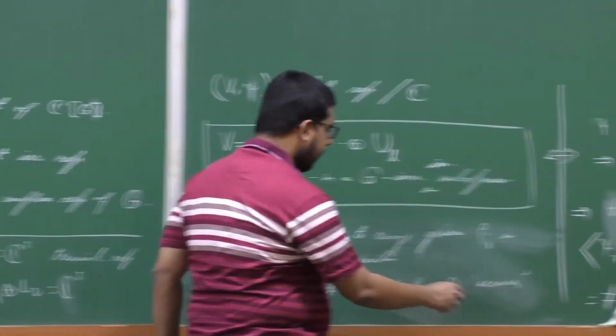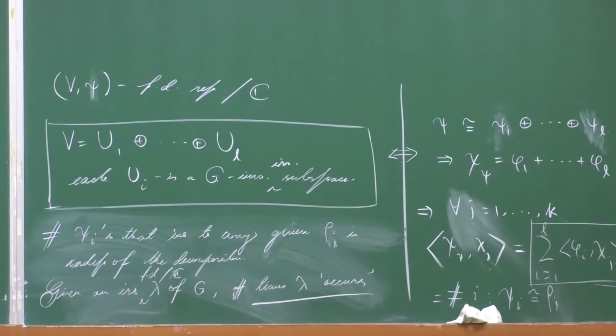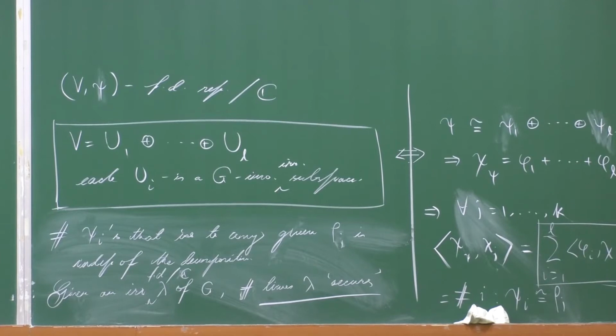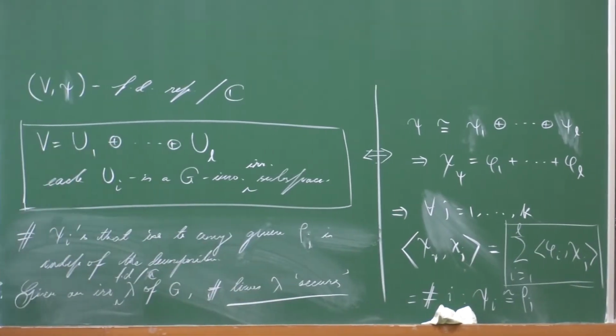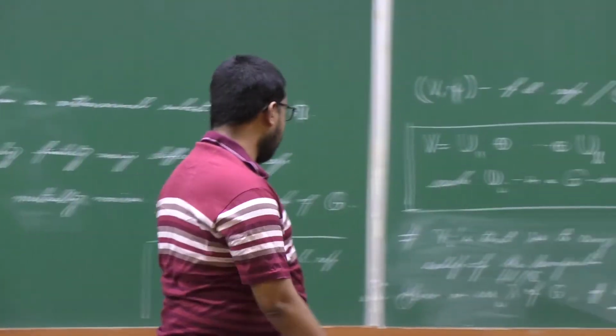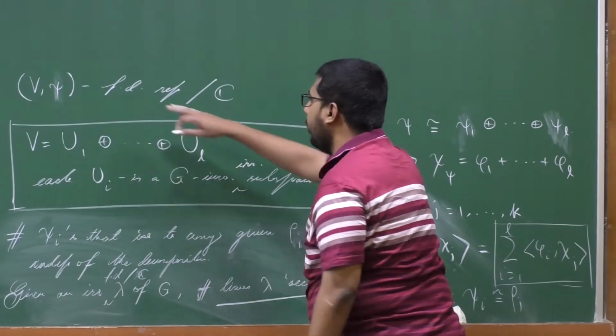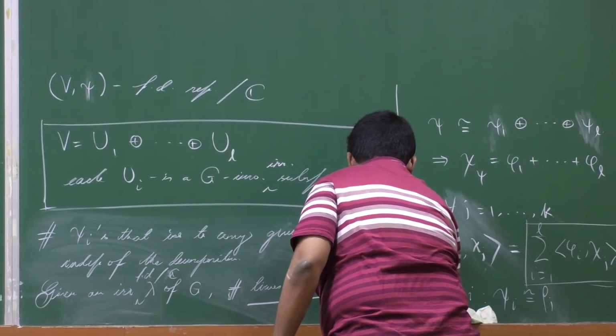So we take a decomposition and we see the number of sub-representations which are isomorphic to lambda. That number, we call the number of times lambda occurs in psi. Okay.